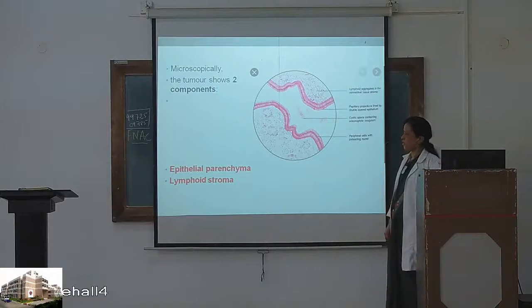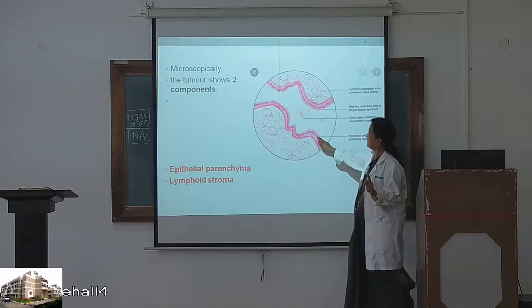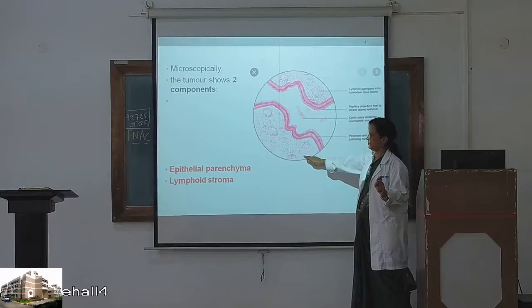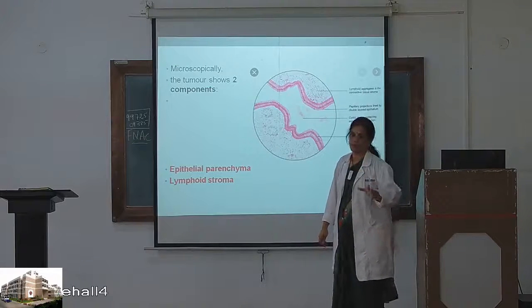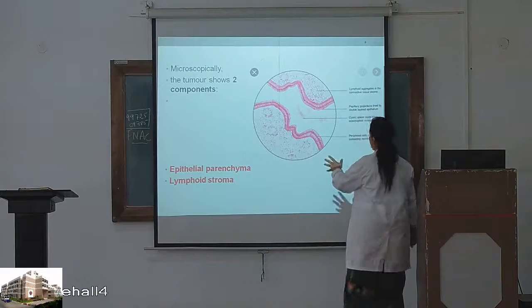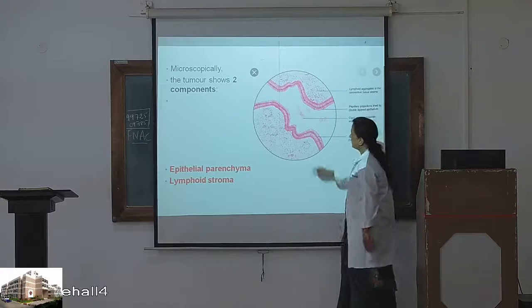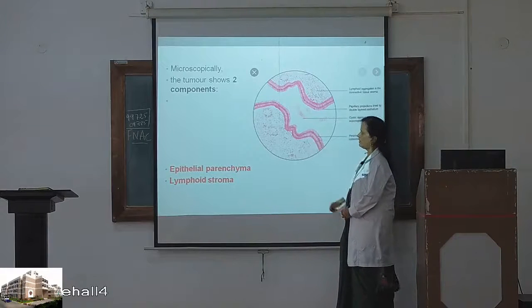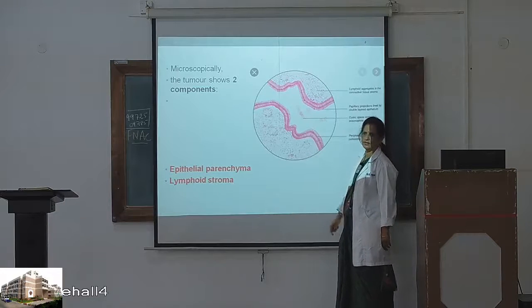So there are two components that we see microscopically: epithelium and lymphoid tissue. For pleomorphic adenoma, we said epithelial and mesenchymal components, right? So here it is epithelial component and lymphoid tissue. This is the lymphoid tissue. See, the epithelium is so pink in color, right? They all have eosinophilic cytoplasm. How many rows of cells are there?